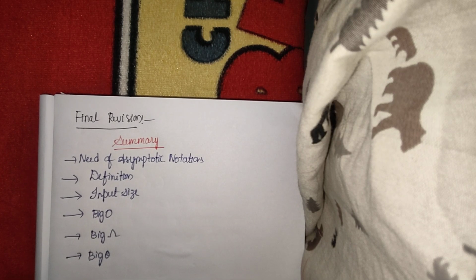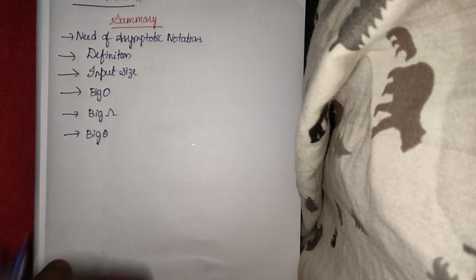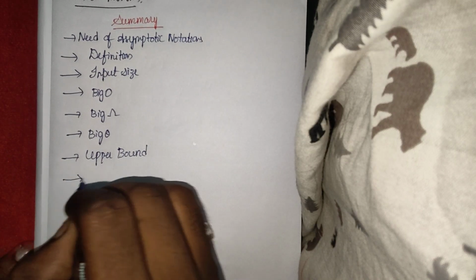Input size. Explained big O, big omega, and big theta. Upper bound, lower bound, tight bound.